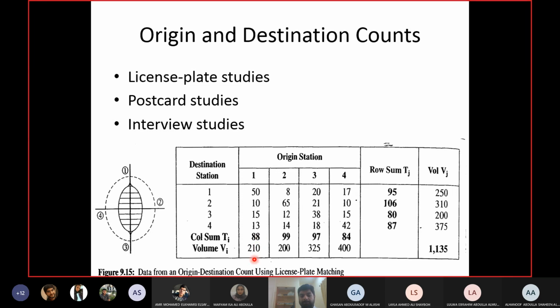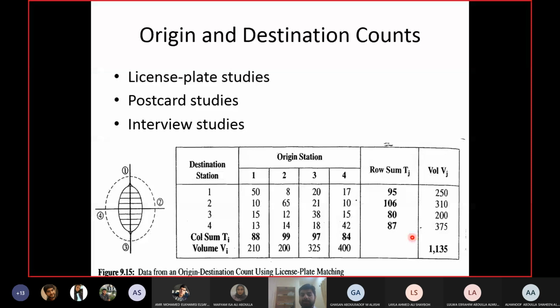Now it is possible that you may not finish this whole thing in one trial. You may have to perform multiple trials. So where would you stop? The criterion is: if the adjustment factors which you calculate for all the rows and all the columns are between 0.9 and 1.1, you will stop.